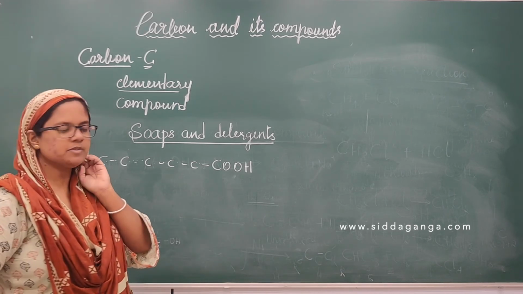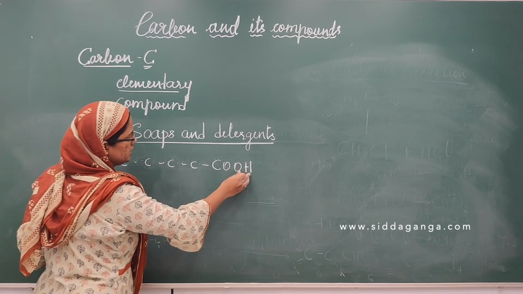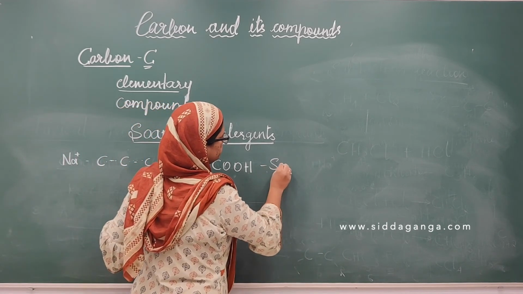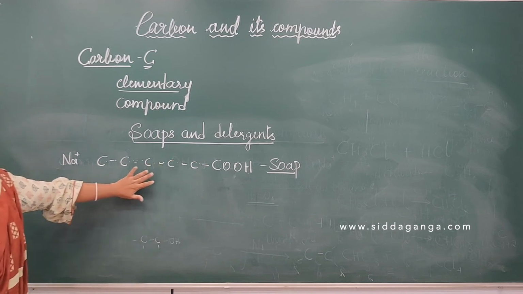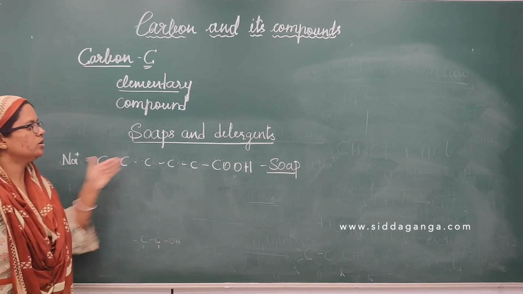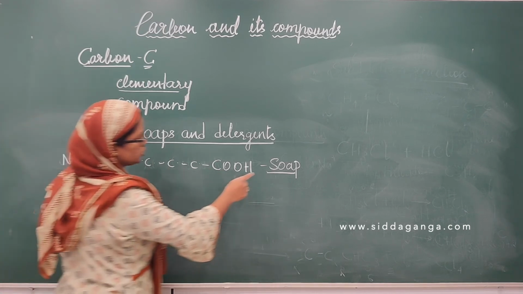Sodium and potassium salts of long chain of carboxylic acid is called soap. One molecule of soap is consisting of this. Sodium or potassium salts of long chain of carboxylic acid are called soaps.